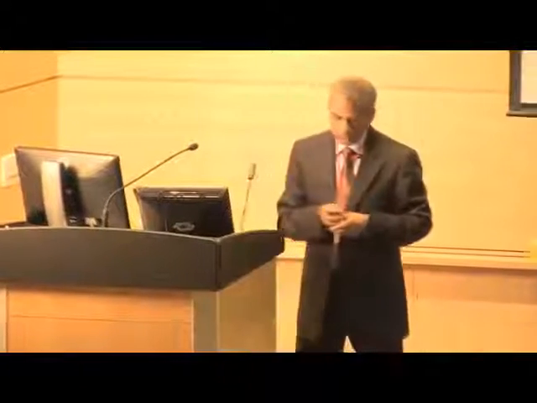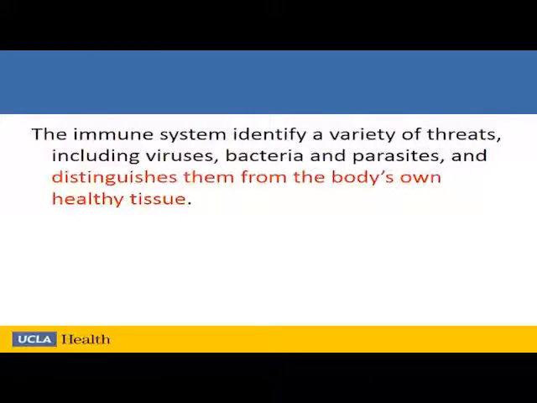Okay. So I told you the main job of the immune system is to find something that doesn't look like it belongs to the body and go and kill it or eliminate it. And how does the immune system do this job? Immune cells have to train themselves in early life.